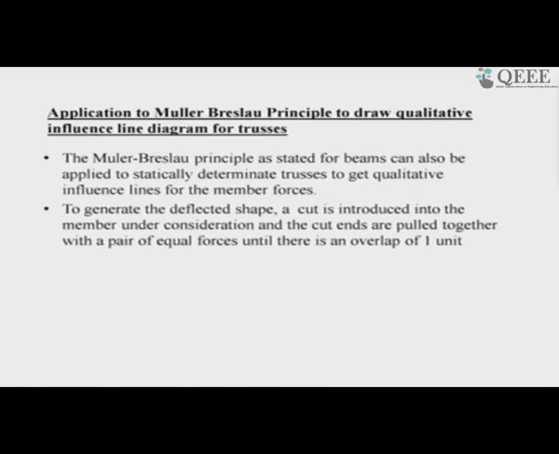Application of the Muller-Breslau principle to draw the qualitative influence line diagram for the truss. We have already used the Muller-Breslau principle for the beams. We have seen that the effect for which we are drawing the influence line diagram, we can get by actually removing that effect. So, I am interested in drawing the bending moment diagram in a beam at a particular section.